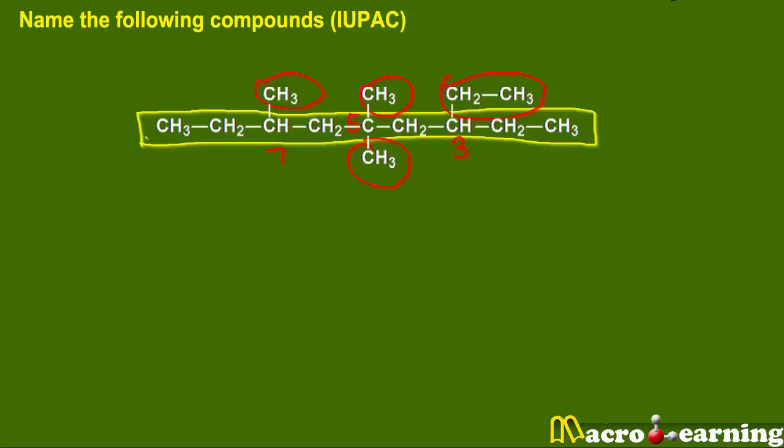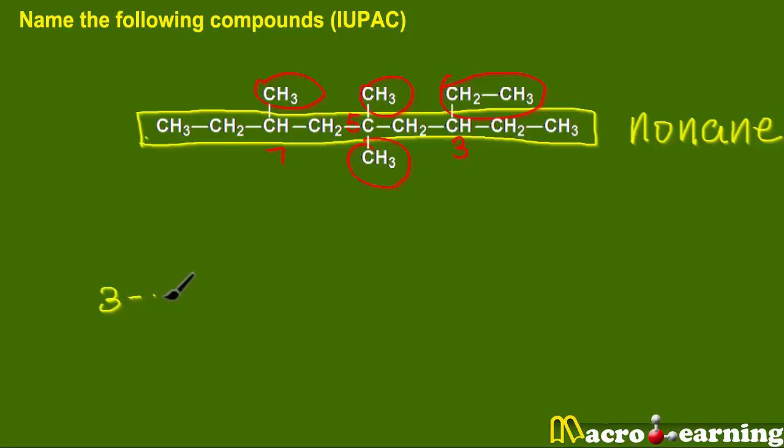Okay, so now we have substituents and the numbers. Sorry, I apologize, I forgot. The main chain is called what? It's a 9 carbon main chain, which is a nonane. And so we call the ethyl group first, again because it's alphabetically the higher priority substituent.